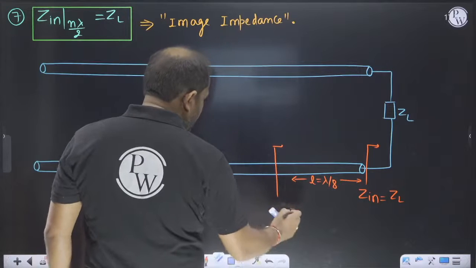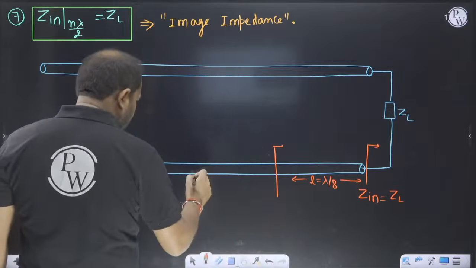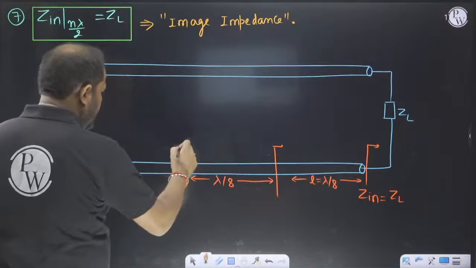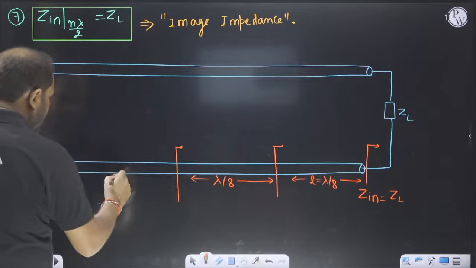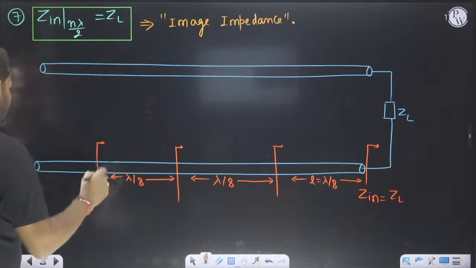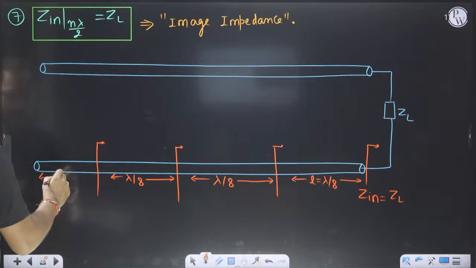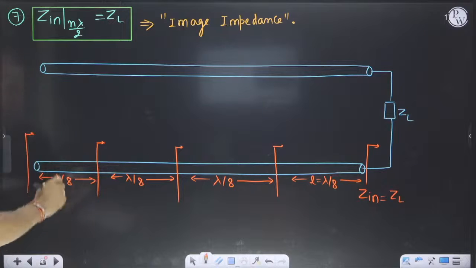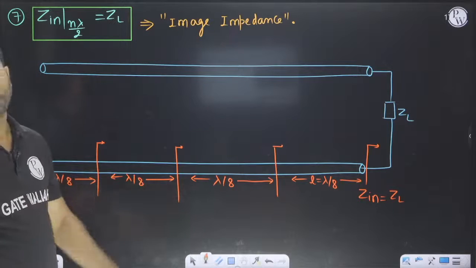After lambda by 8, that means at lambda by 4, Zin nature will be changed. At 3 lambda by 8, the Zin nature will be changed. And at lambda by 2, Zin nature will be changed. So this is the point here.